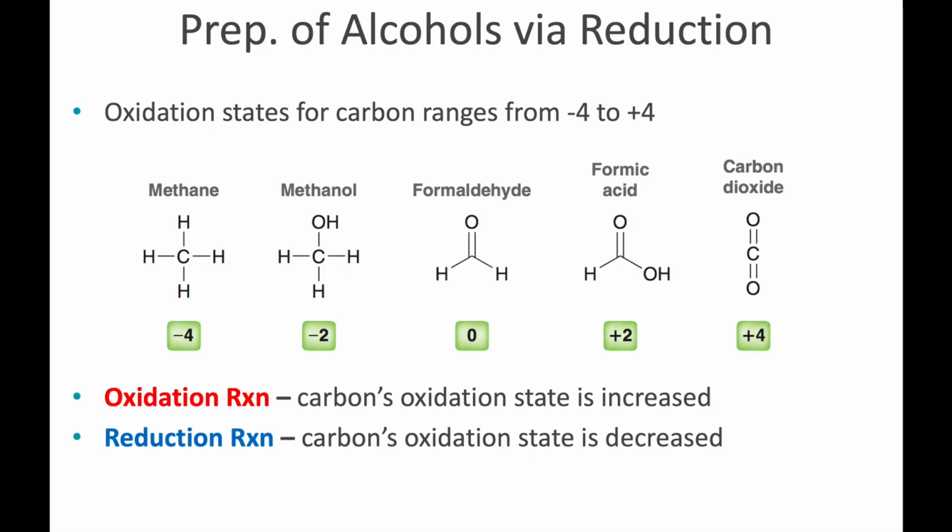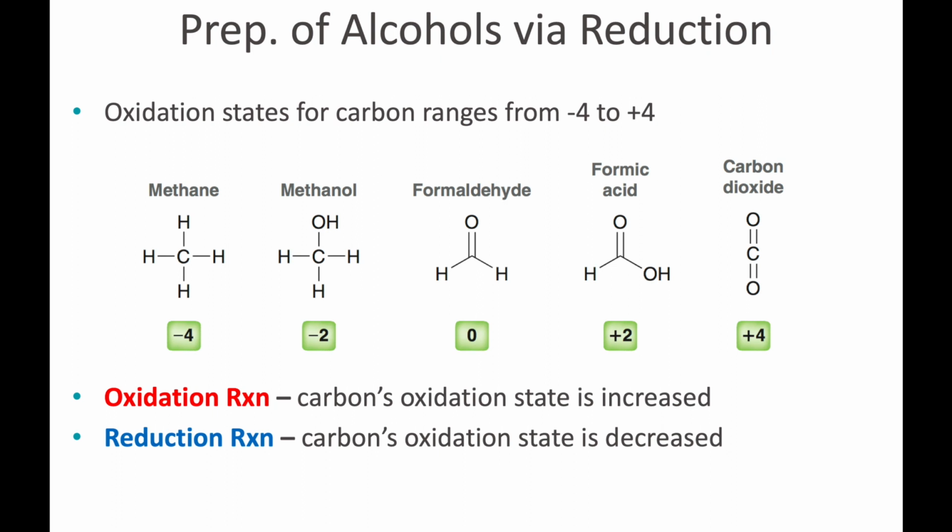So the oxidation states for carbon can range from -4 to +4, as we've seen here from methane to carbon dioxide. Well, notice as you go from left to right, you are adding more oxygens. The more oxygen the carbon is bonded to, the more electron density is being withdrawn towards the oxygen, making the carbon more positive.